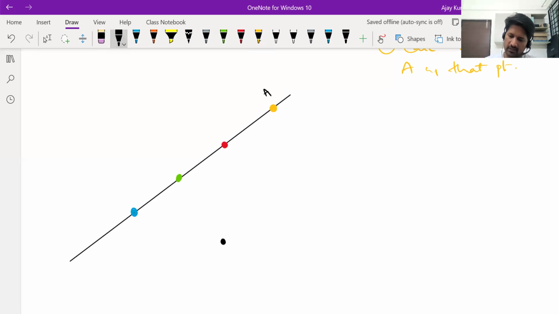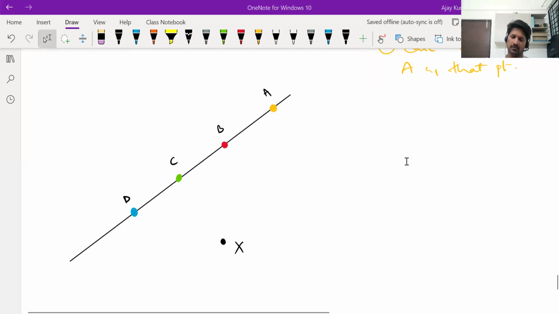Now, just by looking at it visually, you tell me which point on the line is nearest to this point X outside the line. Which point appears to be nearest? Point C, sir. Point C.